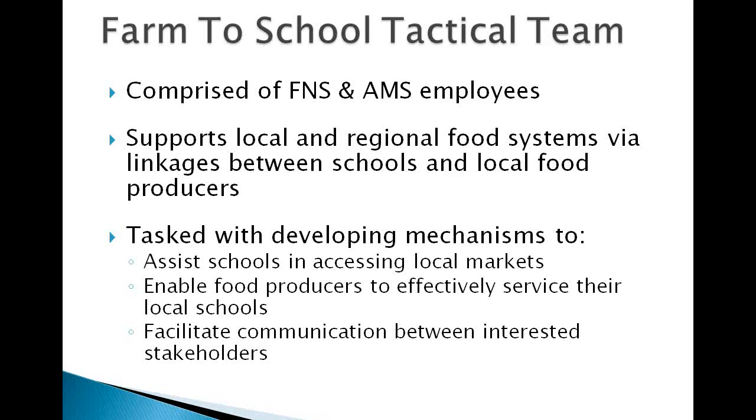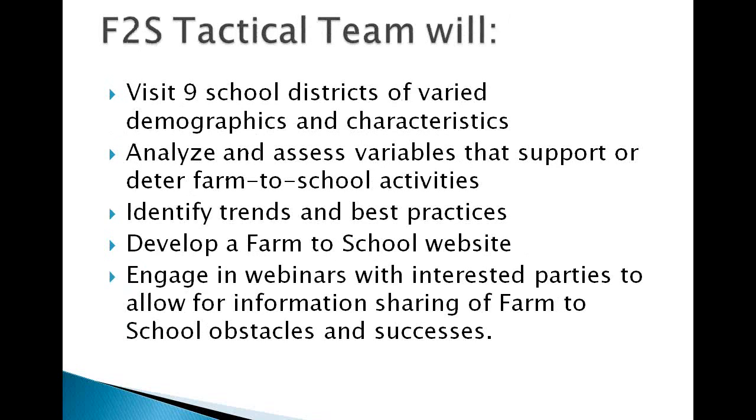The tactical team will work with local and state authorities, school districts, farmers, and community partners to develop mechanisms to assist schools in assessing local markets, enable food producers to effectively service their local schools, and facilitate communication between interested stakeholders.